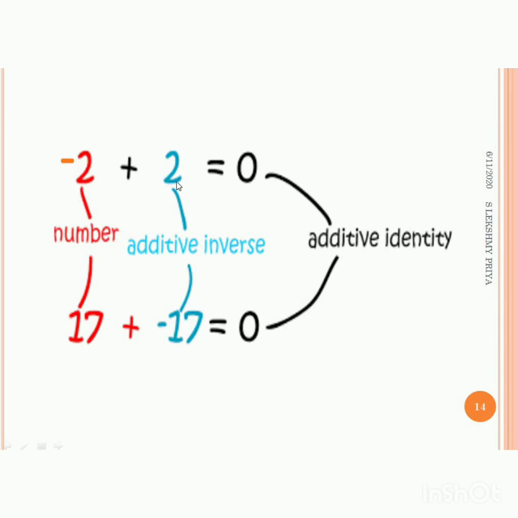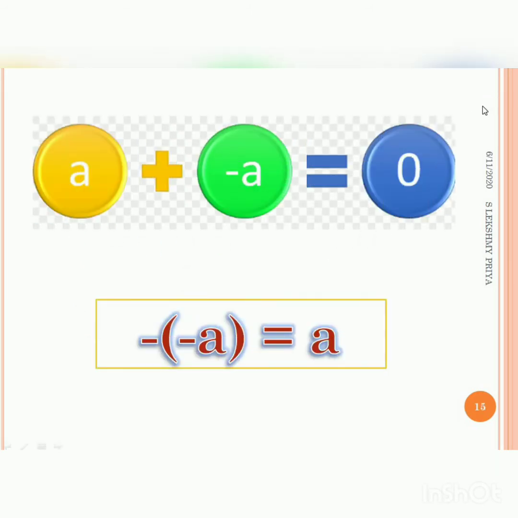From this example, you can say that negative 2 plus 2 equal to 0. Negative 2 is the additive inverse of 2 and 2 is the additive inverse of negative 2. Here 17 plus negative 17 equal to 0. So 17 is the additive inverse of negative 17 and negative 17 is the additive inverse of 17. We can say the same thing in another way.